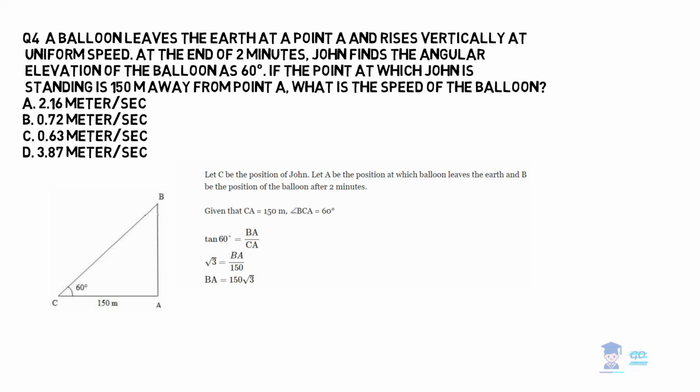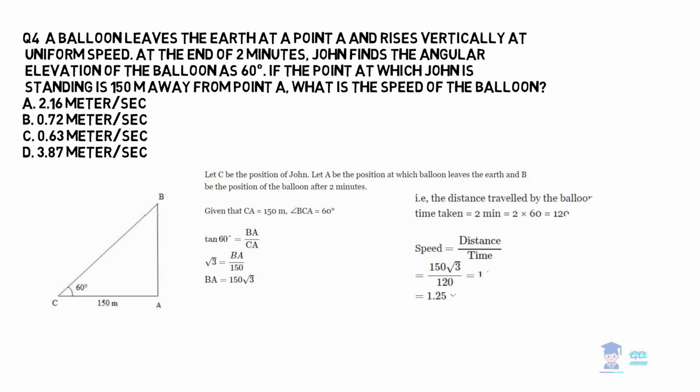Right. So what we have found is the distance, that is how much the balloon has raised up. The question is about speed. We all know speed's formula is distance by time taken. So distance I have found, BA is equal to 150 root 3. Now time taken, that is 2 minutes converted into seconds, so 120 seconds.